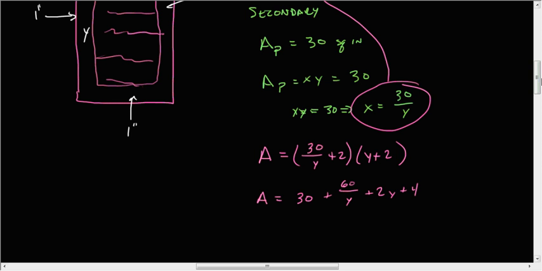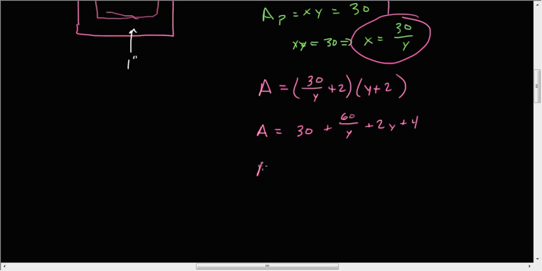So now I've got A is equal to 2y plus 60 over y plus 34. All right, so not bad. So now we can go ahead and just take our derivative.